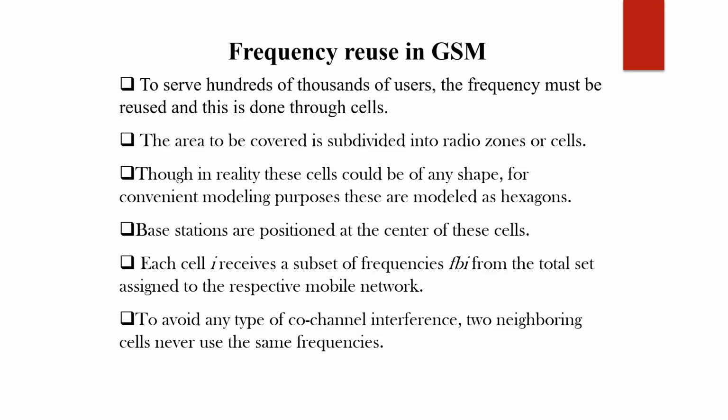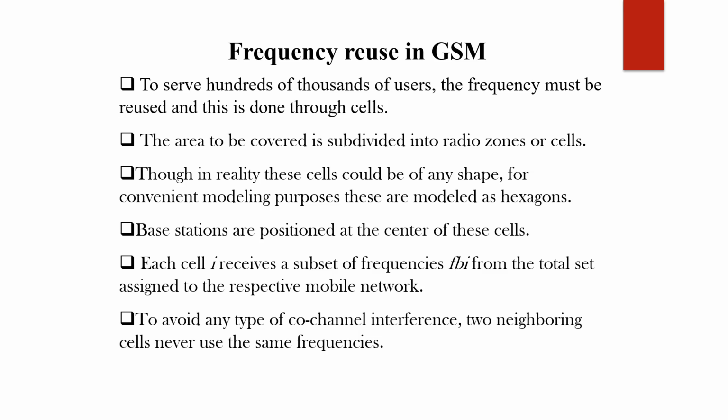It is called reuse. There are hundreds and thousands of users, so the frequency must be reused, and this is done through the cells. The area to be covered is subdivided into radio zones or cells.